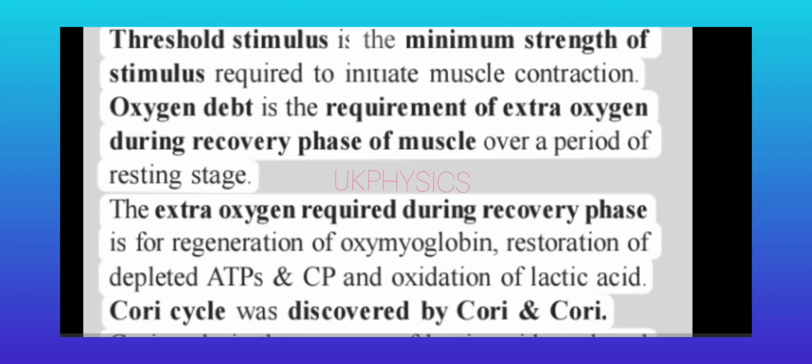Threshold stimulus is the minimum strength of stimulus required to initiate muscle contraction. Oxygen debt is the requirement of extra oxygen during the recovery phase of muscle over a period of resting stage.